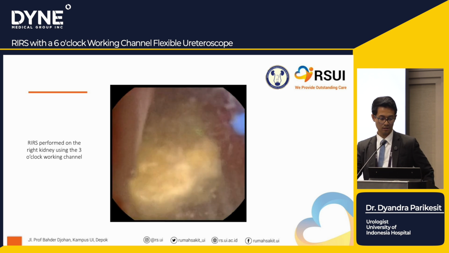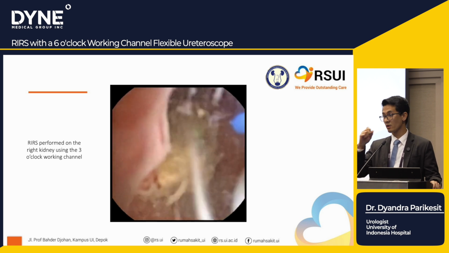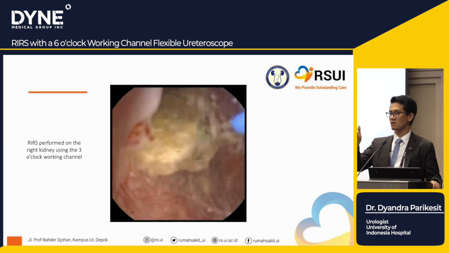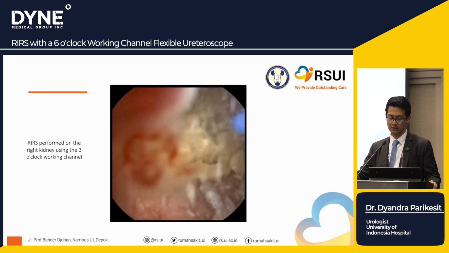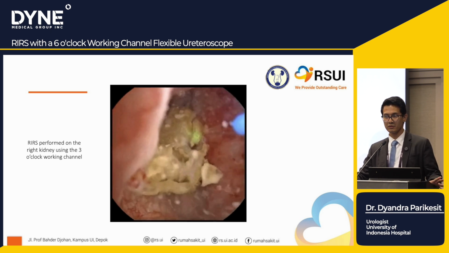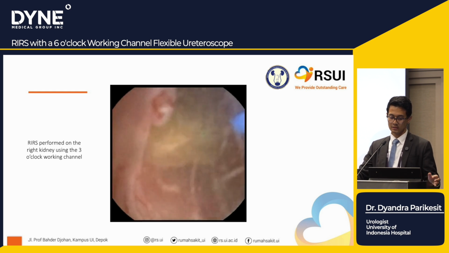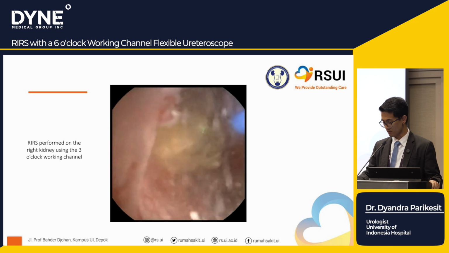Professor Cho always teaches us that before you do RIRS, make sure you're able to access the left side and the right side of the stone. As you can see, I'm having difficulty. Of course, this is before my fellowship here, so I'm probably not too good at RIRS, but still, it's very difficult for me to access the leftmost part of the stone.